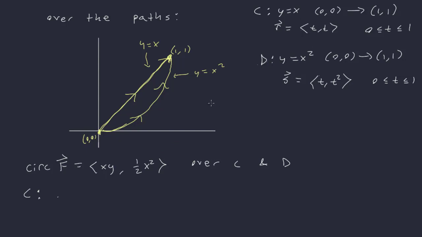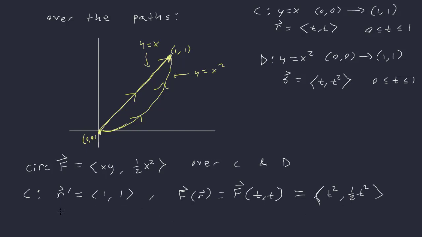We have it up here. So our R prime is (1, 1). That's nice. And we also need F of R. Also not too bad. That's going to be F of (t, t). So we're just replacing both x and y with t's. All right, so we're going to get t times t, so t squared here, and here 1/2 t squared.